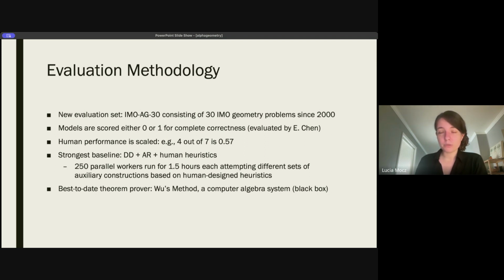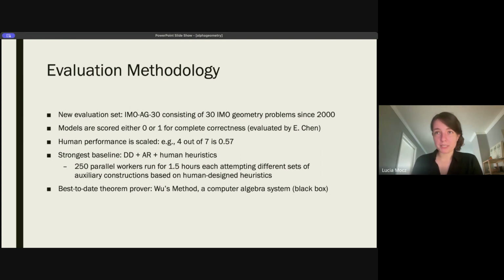Again, none of the 100 million synthetically generated proofs in the dataset overlap with these IMO problems. The models that you're evaluating against this evaluation dataset, such as AlphaGeometry, are evaluated either 0 or 1 for complete correctness, and it's evaluated by a human.